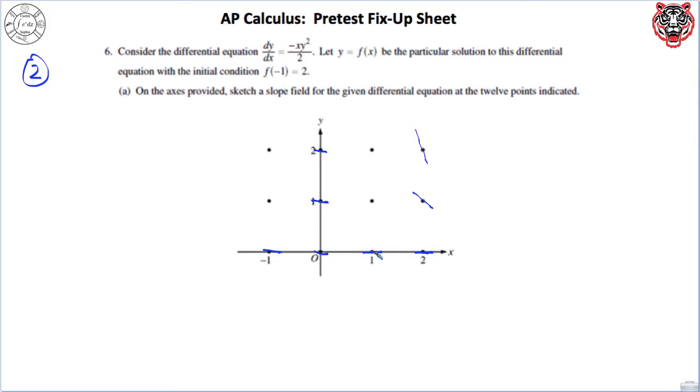So when x is now 1, it's going to be negative a half times whatever y is squared. So I can always remember negative a half times whatever this is squared. 2 squared is 4, and then times negative a half is going to be a negative 2. So still a negative slope, not as steep as this, but steeper than this. Let's see how well I can draw that. Still has to be a little bit less steep.